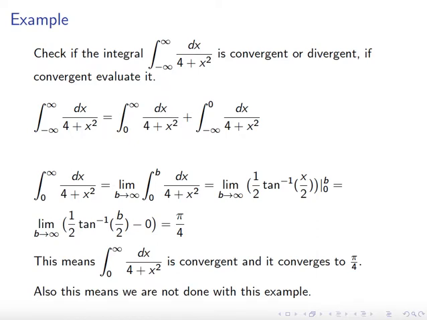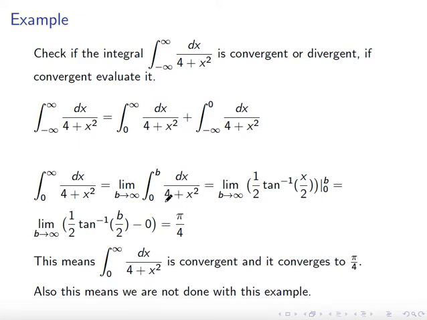We're going to use the definition, and we are going to split it into two pieces: from 0 to infinity of dx over 4 plus x squared plus negative infinity to 0 of dx over 4 plus x squared. Now I'm going to start with the integral from 0 to infinity, and I'm going to write the definition for it, and then I'm going to evaluate the integral.